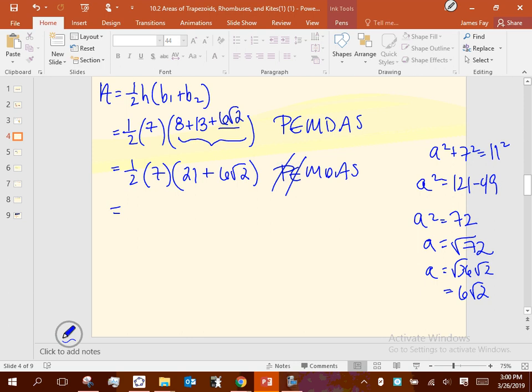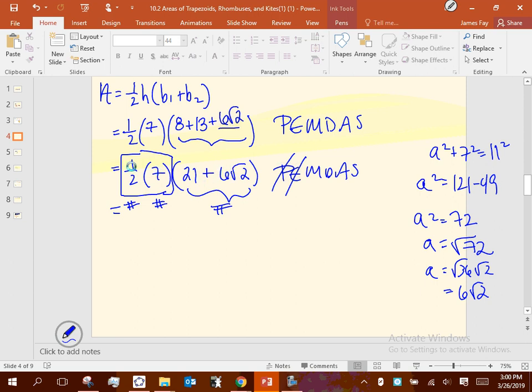So even though you're trying to abide by the order of operations, you can still use commutative and associative properties to maybe make multiplication easier. Essentially we have 3 numbers: 1/2, 7, and this one. Does it make sense that these two are better together than 1/2 and this one, or 7 and this one?